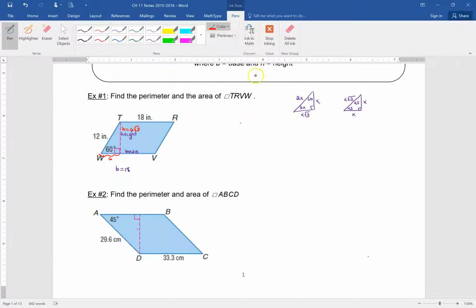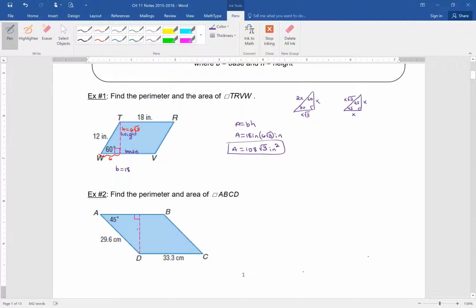Now, we can find our area. Remember that area is equal to base times height, so that's 18 inches times 6 root 3 inches. That means my area is 108 root 3 inches squared. Remember, area gets units of inches squared.